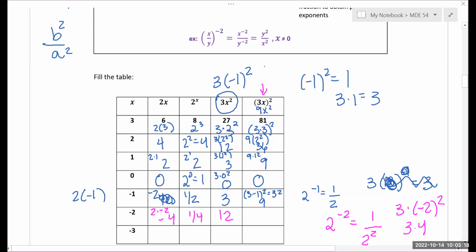And then up here, 3 times negative 2 squared is 36. You're seeing that for the most part, it does the same thing as up here, just where the negative went in. So for the negative 3 one, it's negative 6, 1 over 8, 27, and 81.